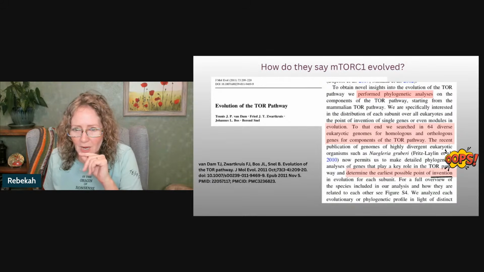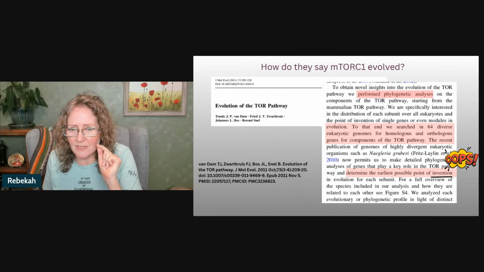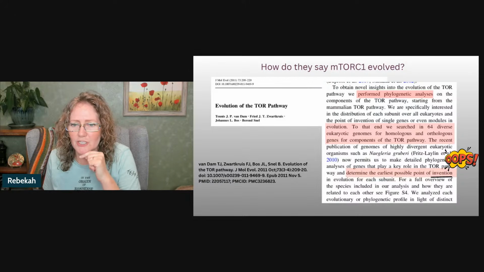Okay, so let's see. They say the recent publication of genomes in highly divergent eukaryotic organisms, such as Naegleria gruberi, which is like an amoeba or something, now permits us to make detailed phylogenetic analyses of genes that played a key role in the TOR pathway.